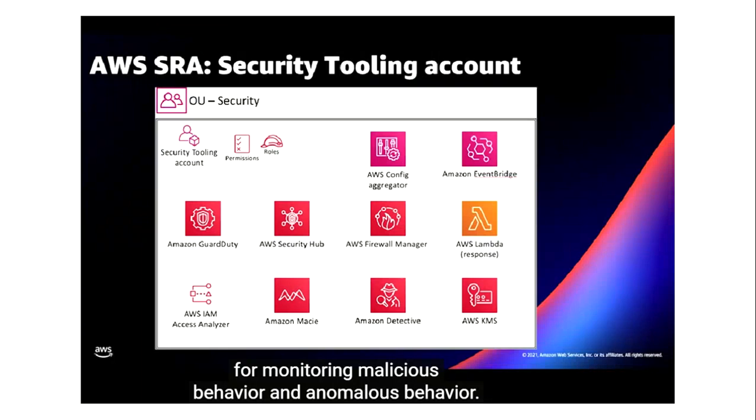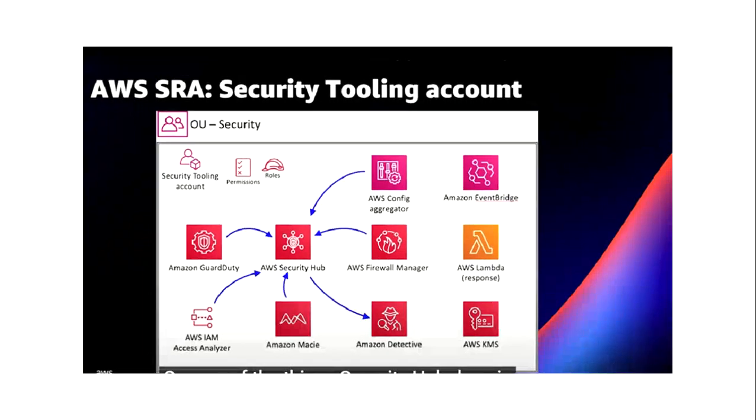And also the IAM Access Analyzer for analyzing the users and the last access of the users, Macie, which is for the data protection, Detective, that's for the threat monitoring, and KMS, which is for the key management.